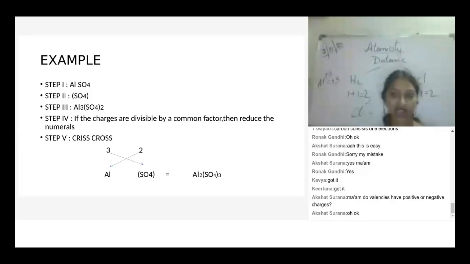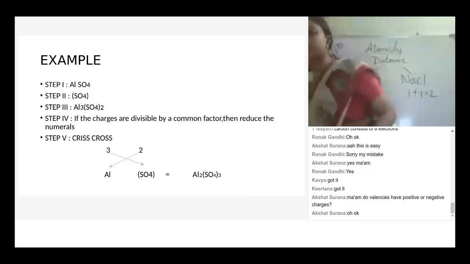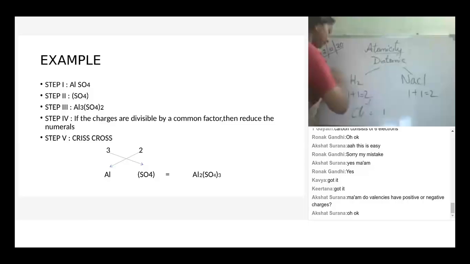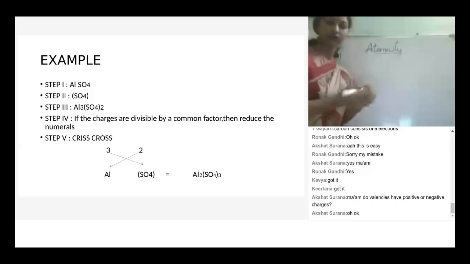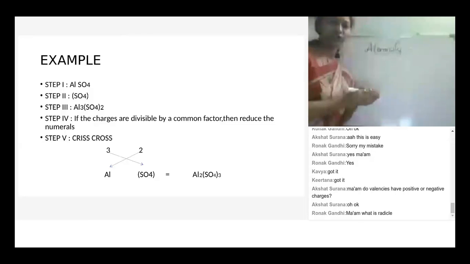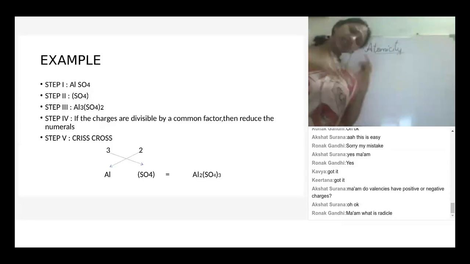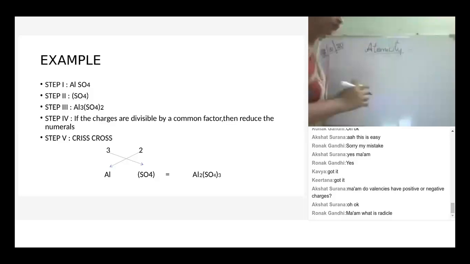Like sulfate has radical charge 2, so it's a negative charge, -2, and aluminium is 3. How do we get the charges or valences? For radicals, we need to learn the valences by heart and we should know the charge. When this radical is present in any element, the charge and the valence are the same.